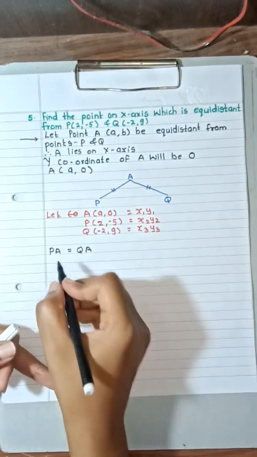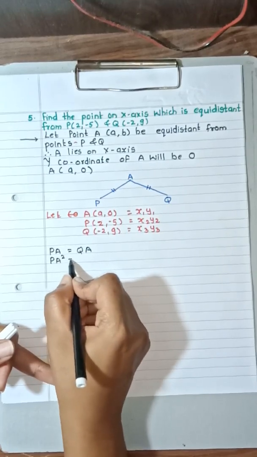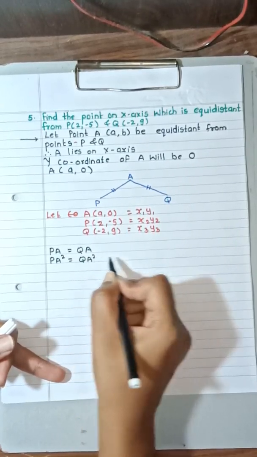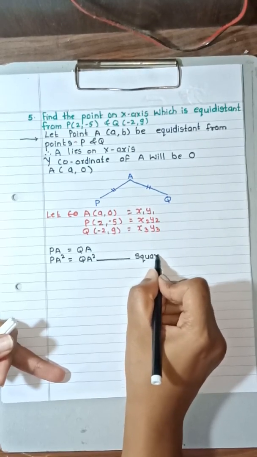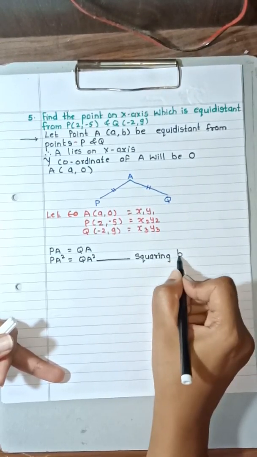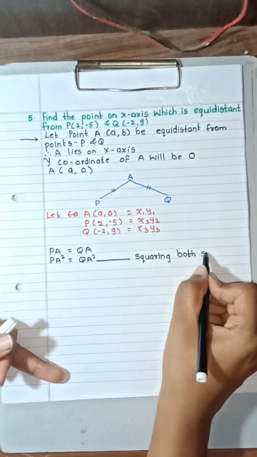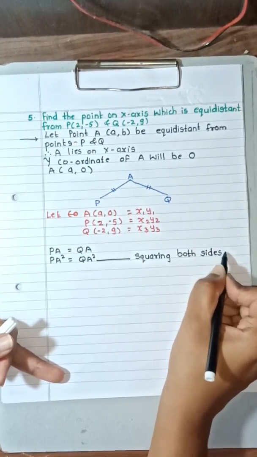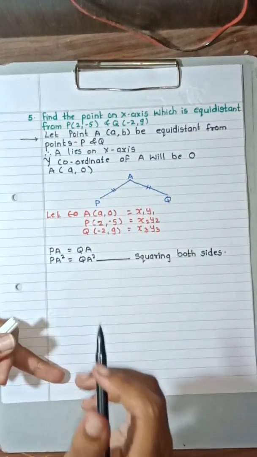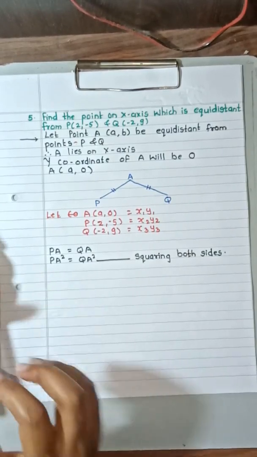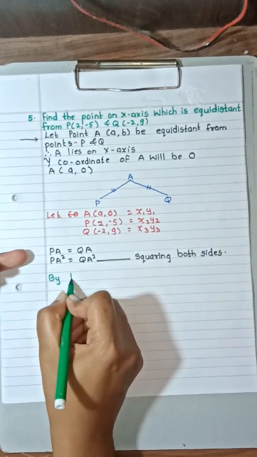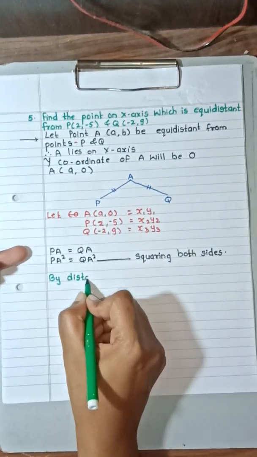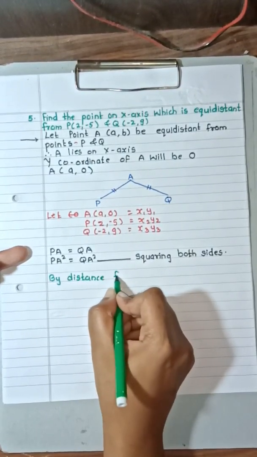Now if you square both the sides, that is PA square is equal to QA square. Now write down here, squaring both the sides. Now by distance formula, so I'll write down here, by distance formula.